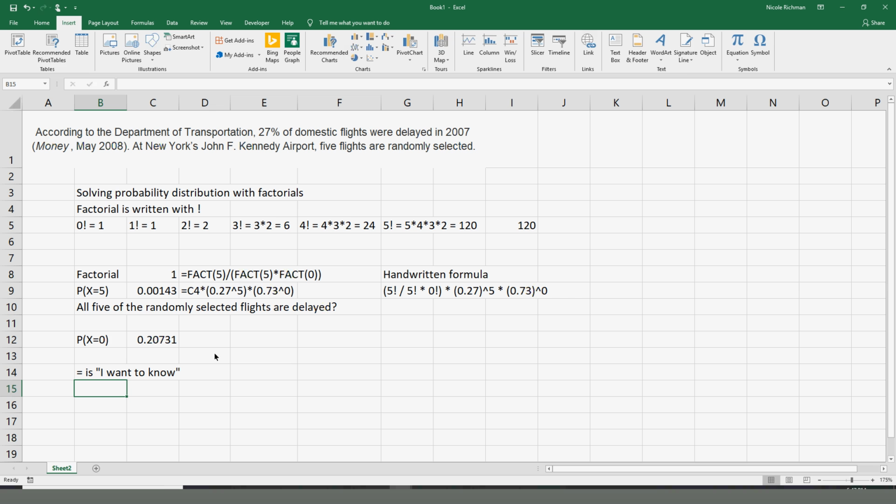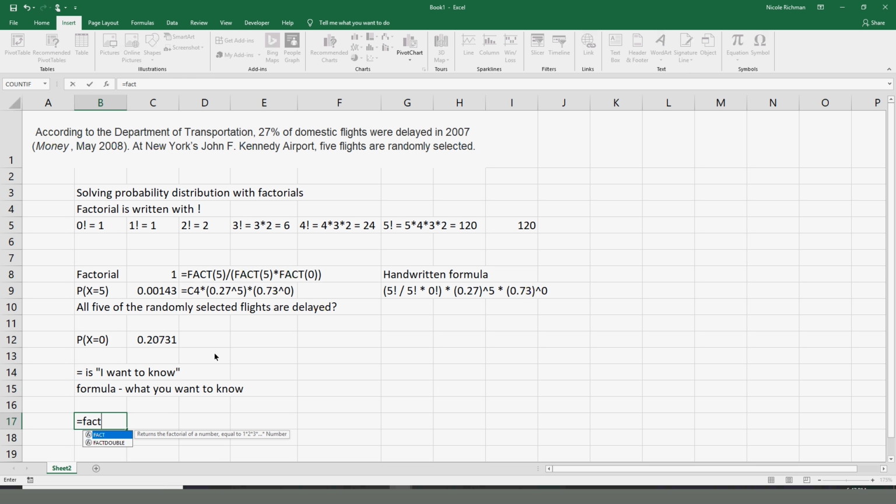And then the remaining part, the formula, is telling it what you want to know. So in the case of a factorial, equals FACT, I want to know the factorial of, and then the parenthesis means whatever it is that you want to know the factorial of. Okay. 120.